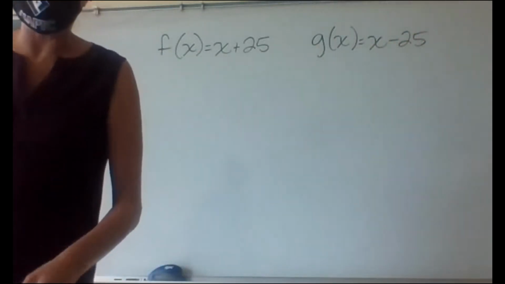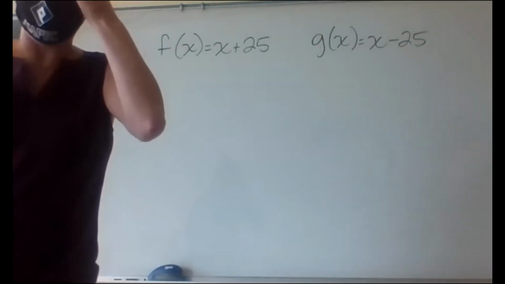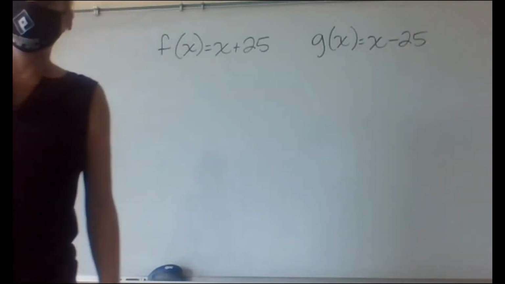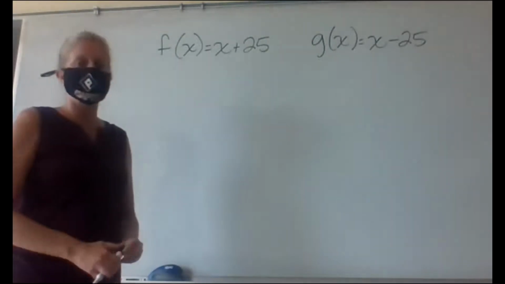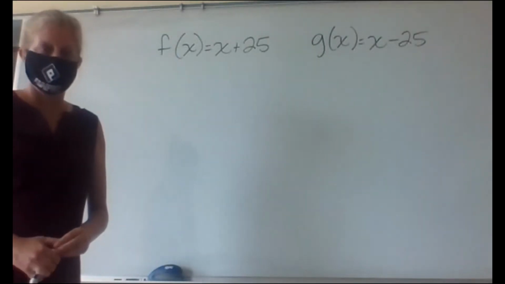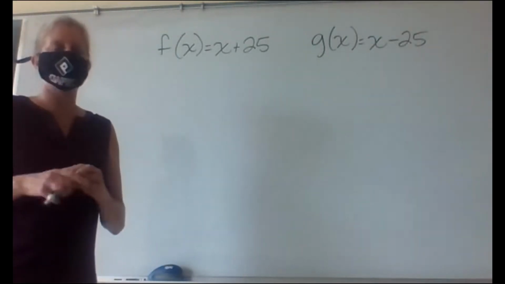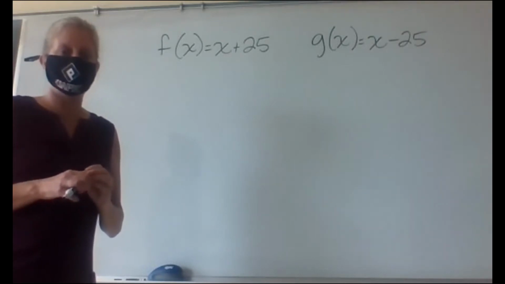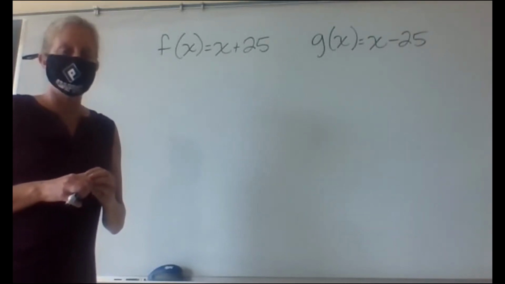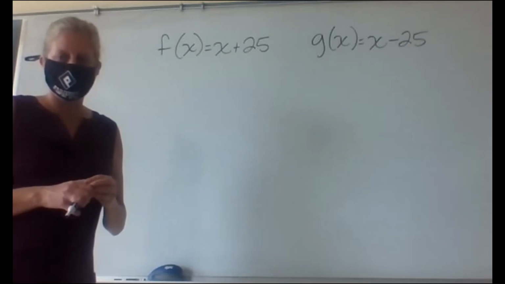Now, it's going to want me to find two things. It's going to want me to find f of g of x and g of f of x. So I'm going to find the composition both ways. It's also going to ask me to find the domain of each of those.